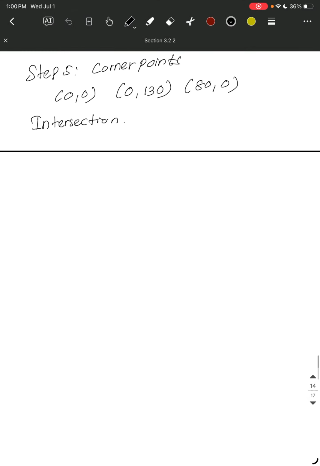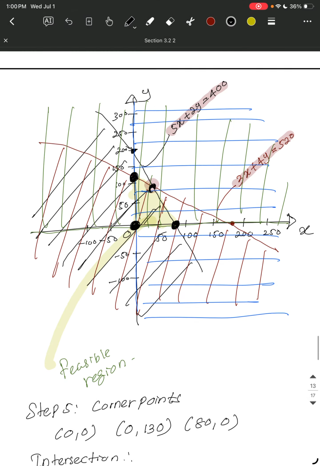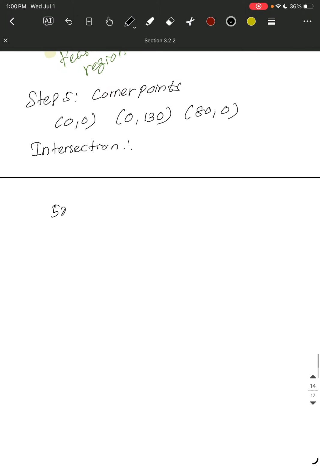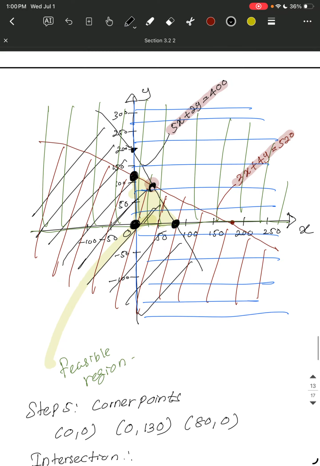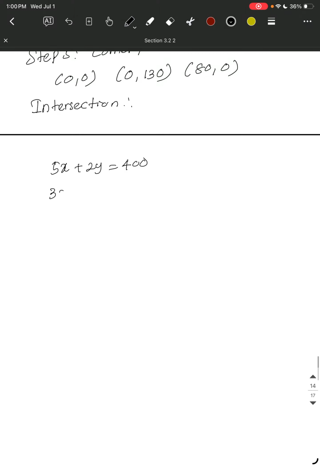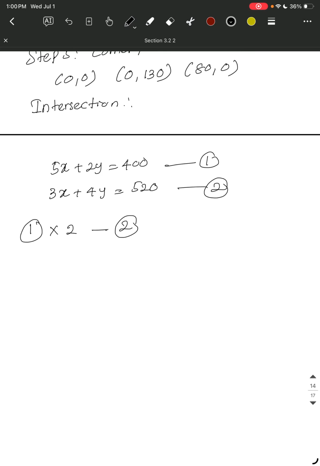So the intersection point of 5x plus 2y equals 400 and 3x plus 4y equals 520. Equation 1, equation 2. It is easy to multiply equation 1 by 2 and subtract equation 2 to remove the 4y.